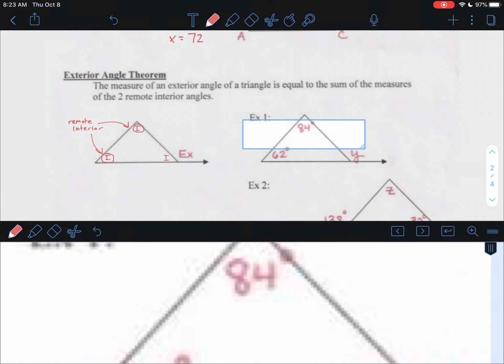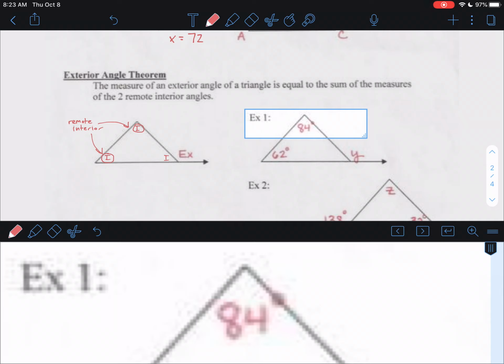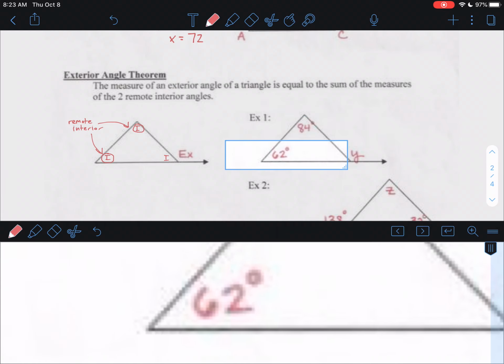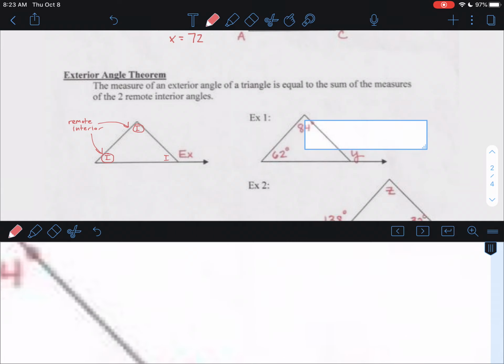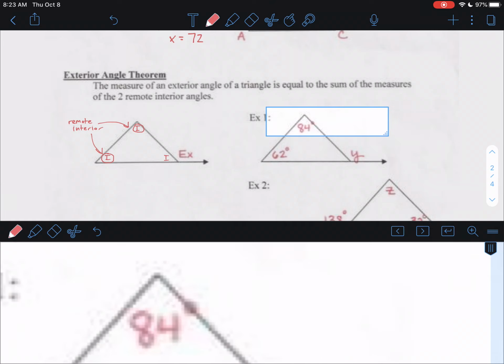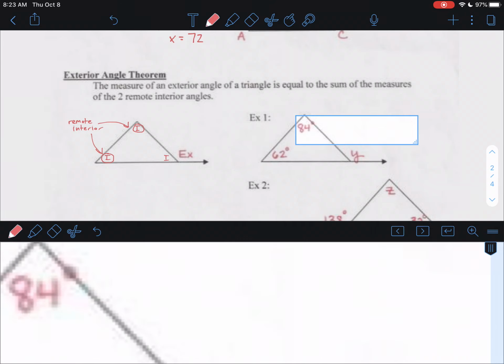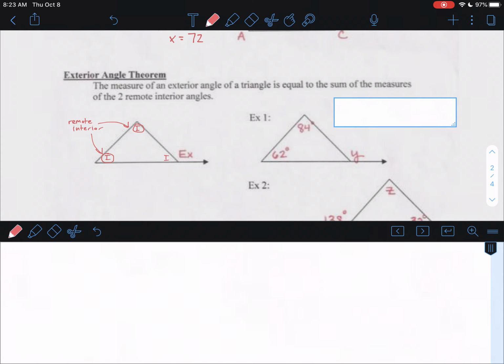So as an example of that, to put what I just said into mathematics, we have our triangle that has 84 degrees, 62 degrees, and y. We don't know what y is. But the exterior angle theorem tells me that it should be the sum of the measures of the two remote interior angles.